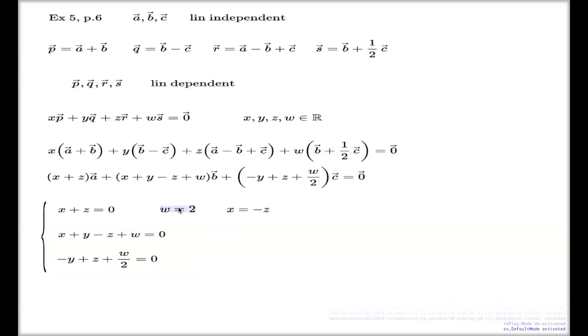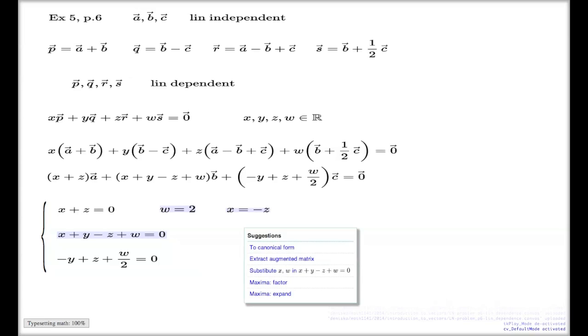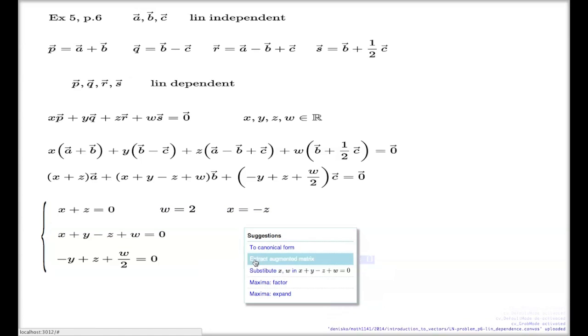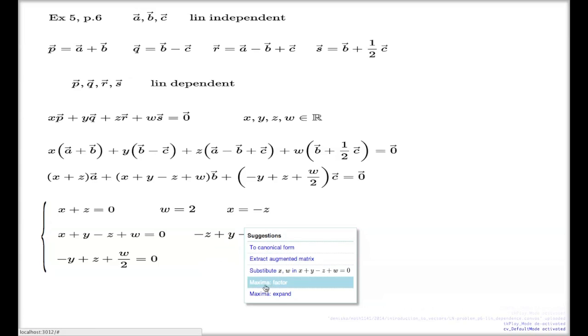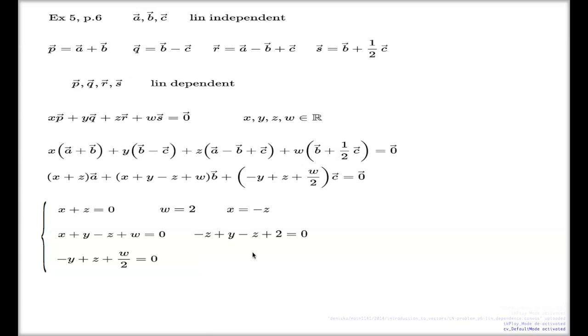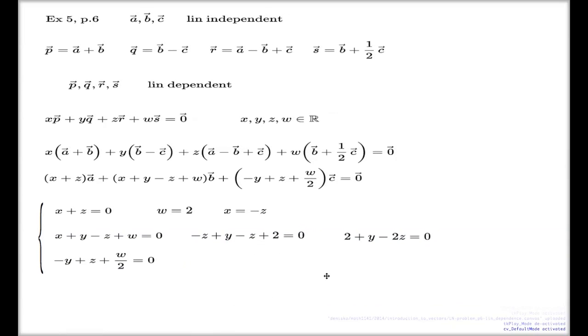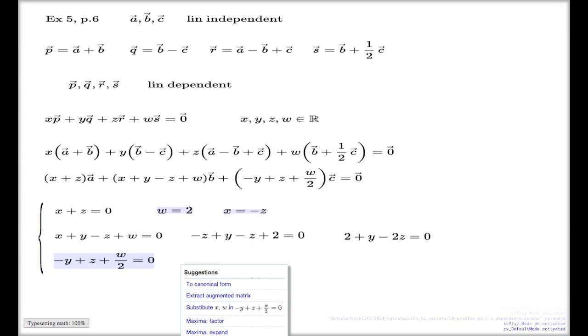Again, I choose this 2, and then I substitute here x and w. Of course, this is a direct substitution. I can simplify this a little bit. I can do the same thing here. I can take this equation, I can substitute w, I can substitute x. Here's my substitution.